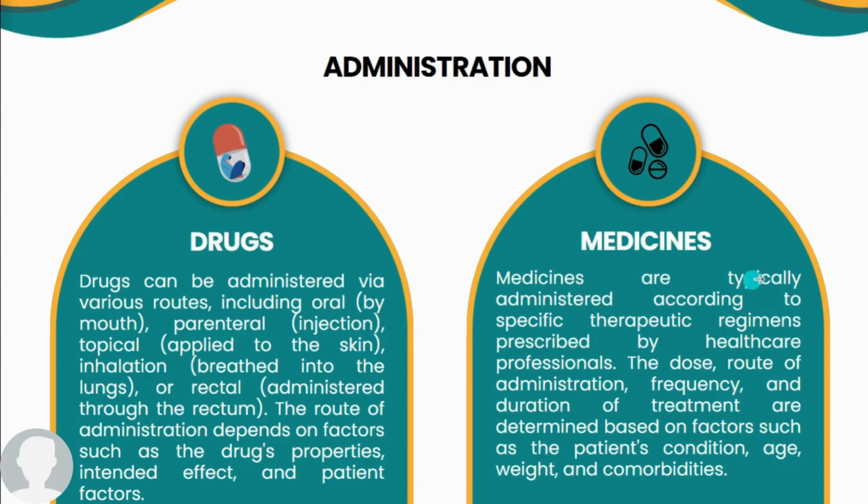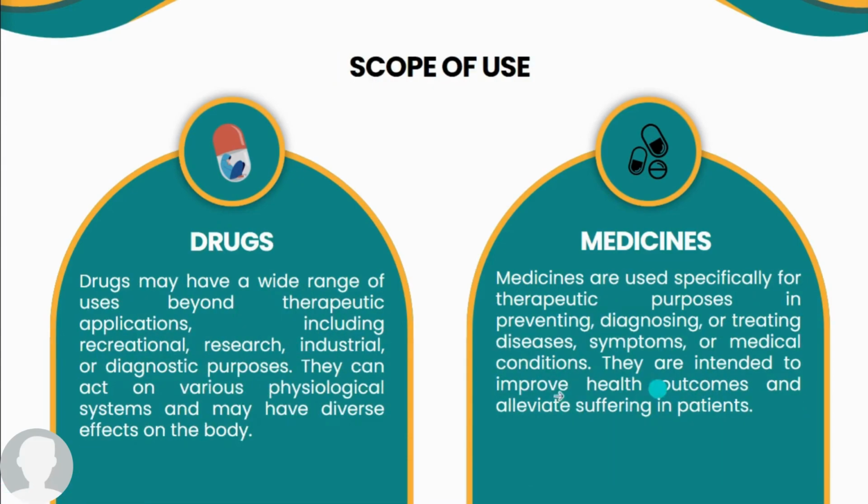Medicines are typically administered according to specific therapeutic regimens prescribed by healthcare professionals. In medicine, we use therapeutics, with patient compliance, as much as in the case of drugs. The dose, route, frequency, and duration of treatment are determined based on factors such as the patient's condition, age, weight, and comorbidities.